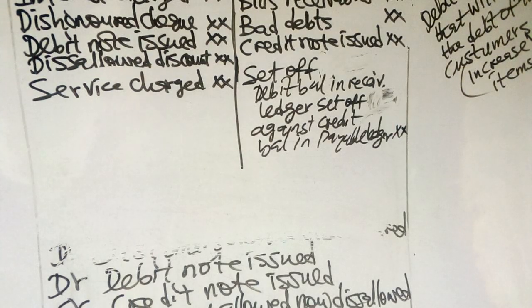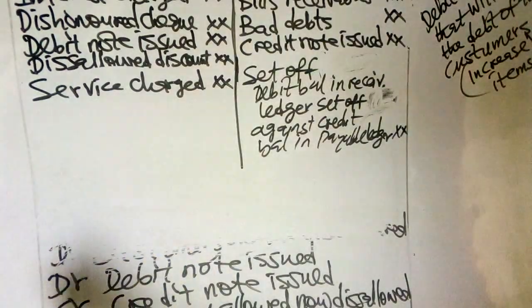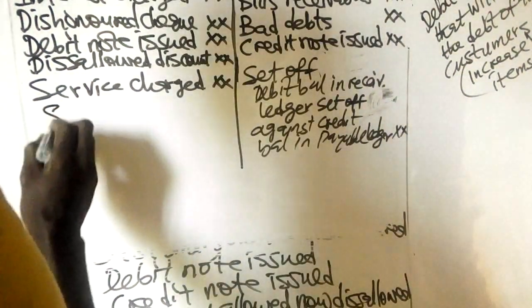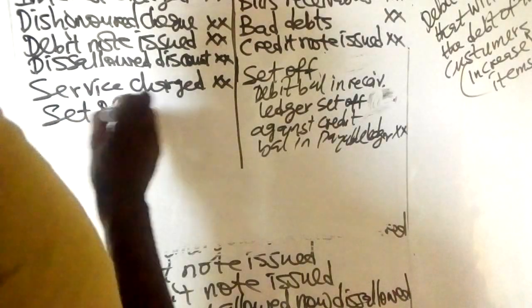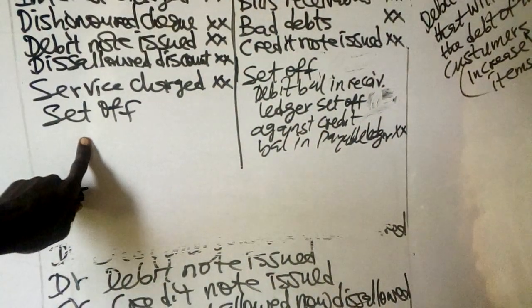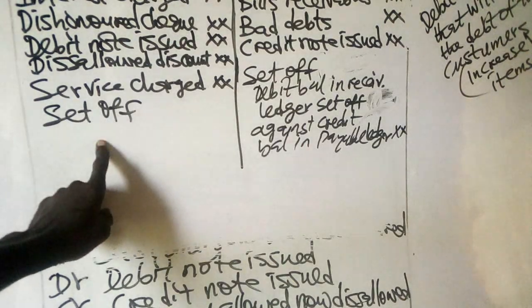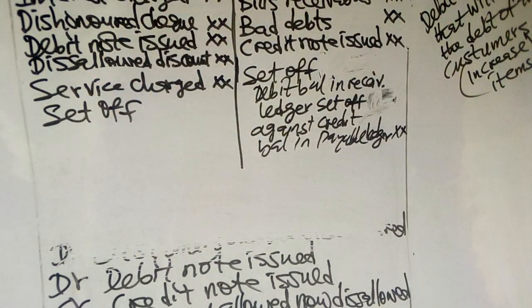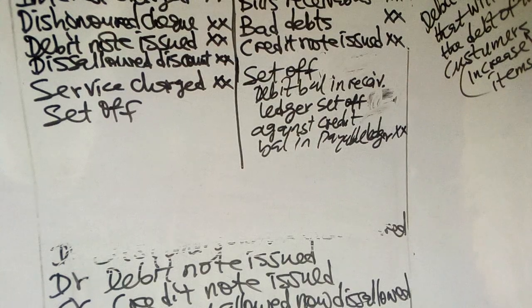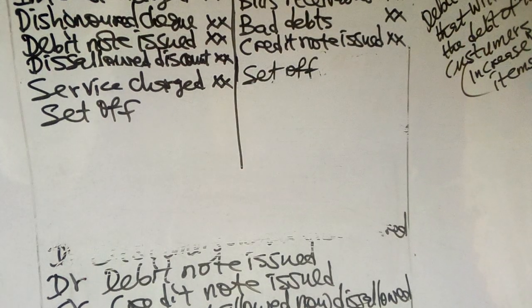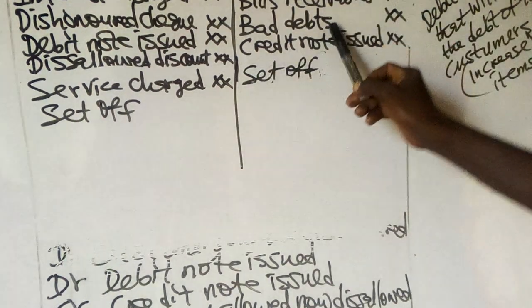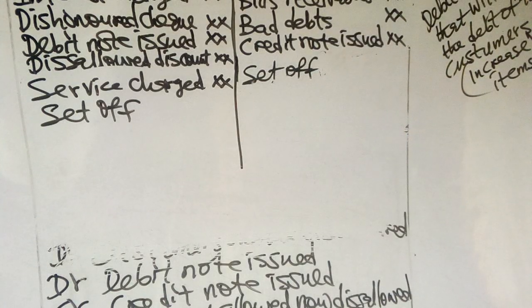But if it is a credit balance in the receivable ledger that you want to set off against the debit balance in the payable ledger, you have the set off here. Please take note of the wording of the question, whether it is a debit balance in receivables set off against the credit balance in payable.